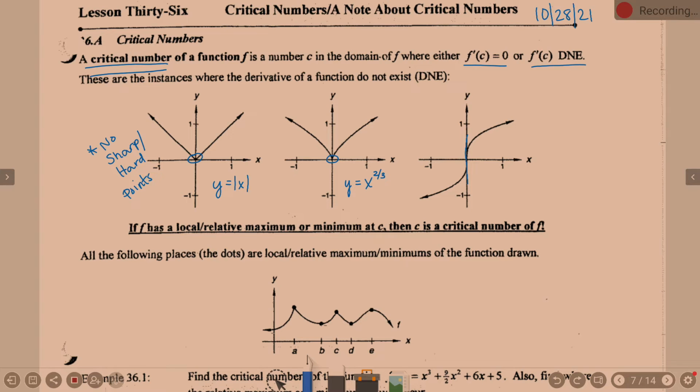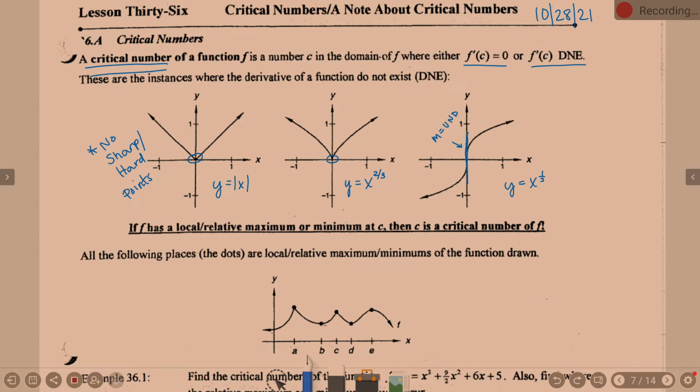This is actually a portion of x to the 1/3. The slope of that line is undefined, and the tangent line is undefined at the point 0. The rest of it's fine, but at that point 0 is the problem. Okay?